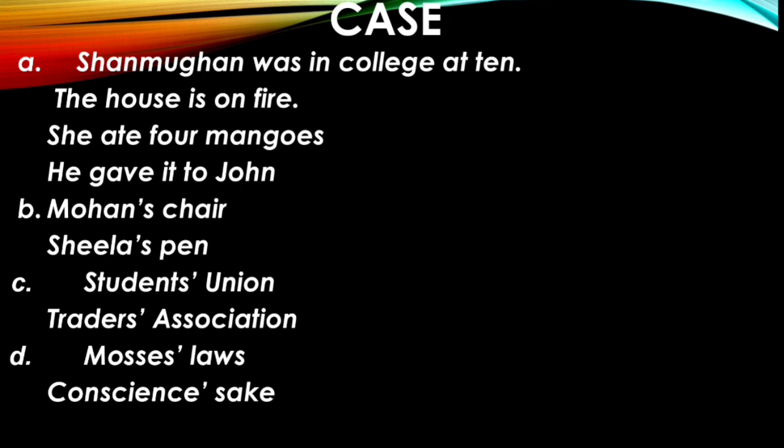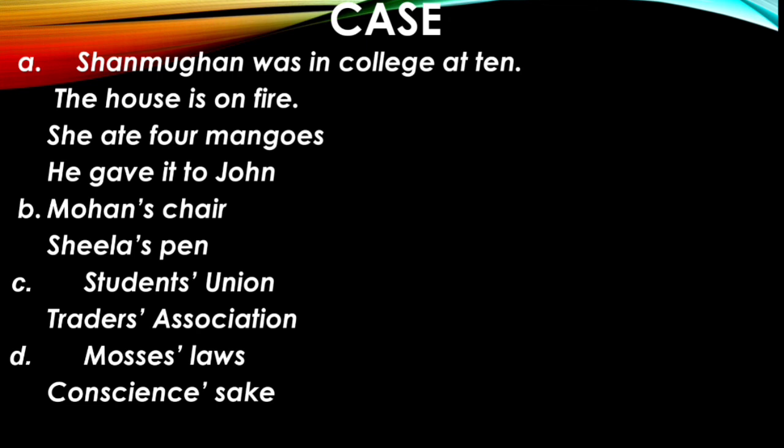And students' union, traders' association. Here you can see there is no S. In Mohan's chair, we have used apostrophe and S. But in Students' Union and Traders' Association, there is no S added, because the noun is plural. It already has S. In such words, we do not add S, but simply put an apostrophe.